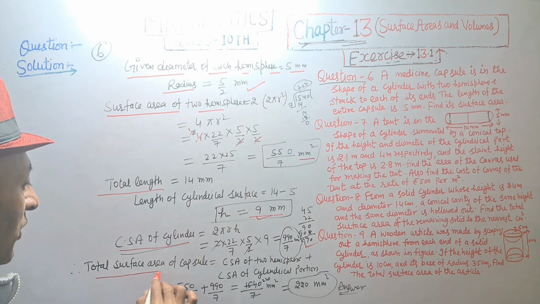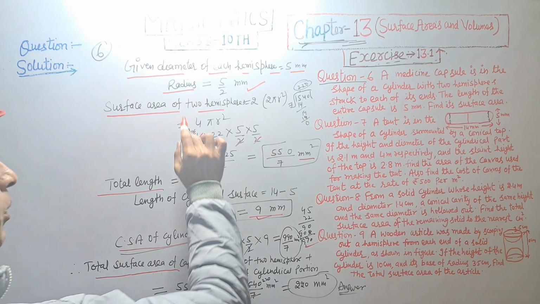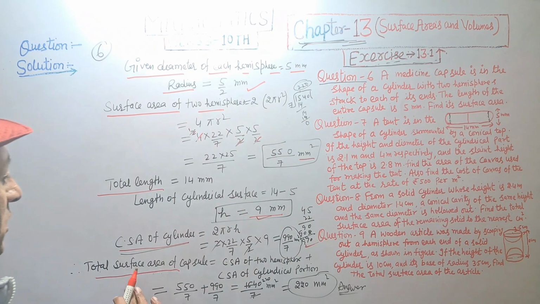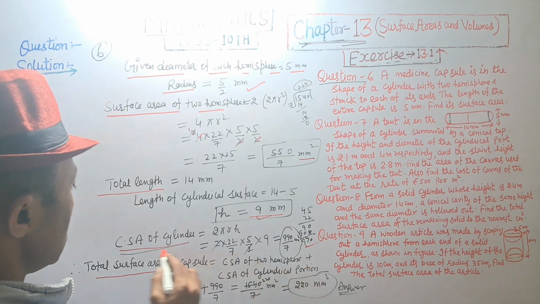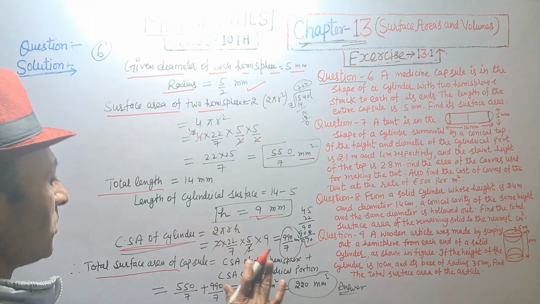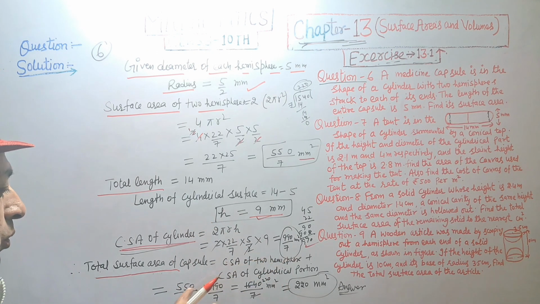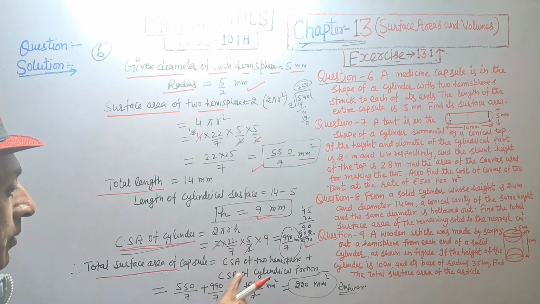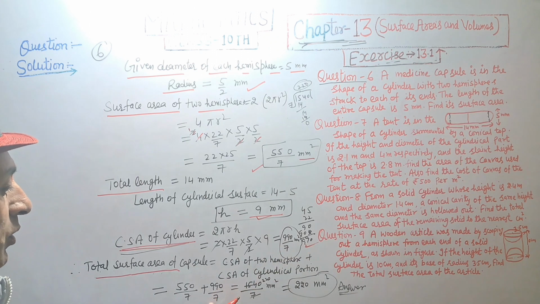And total surface area of capsule is equal to curved surface area of two hemispheres, 550 upon 7, plus curved surface area of cylindrical portion, 990 upon 7.